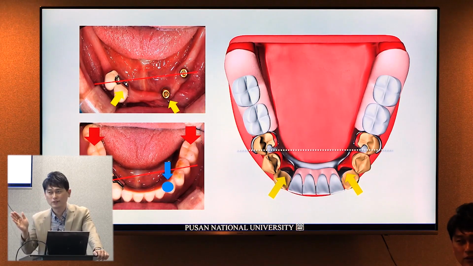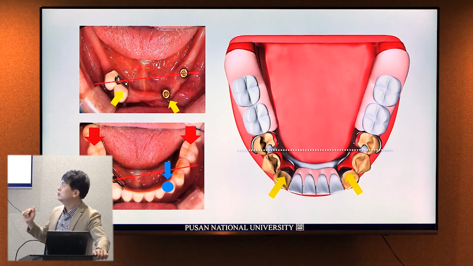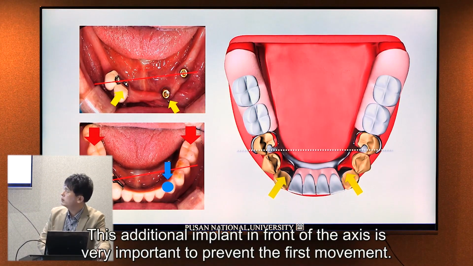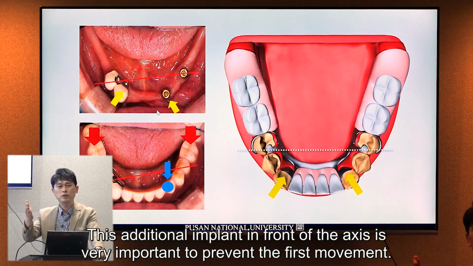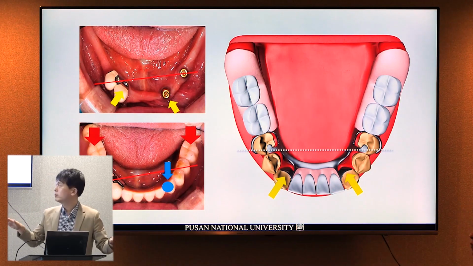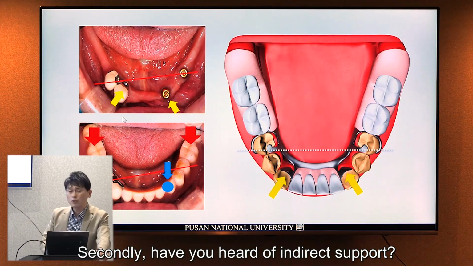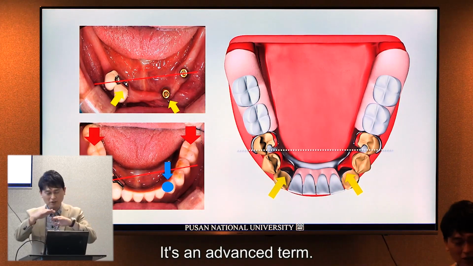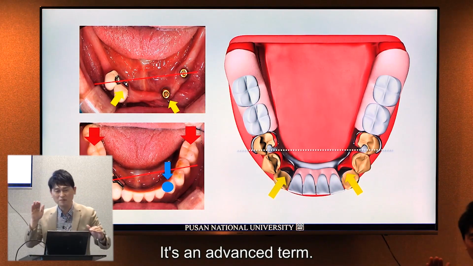Understand? Anyway, this additional implant in front of the axis is very important to prevent the burst movement. Yes, it's very important. Secondly, have you heard about indirect support? Indirect support. Yes, this is an advanced term.